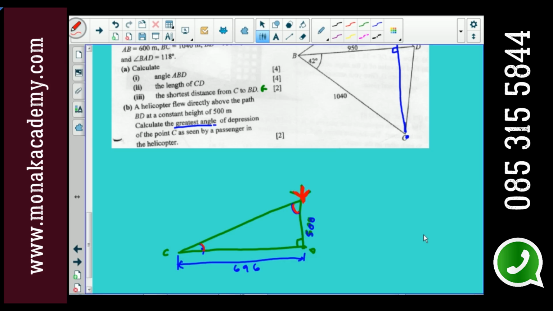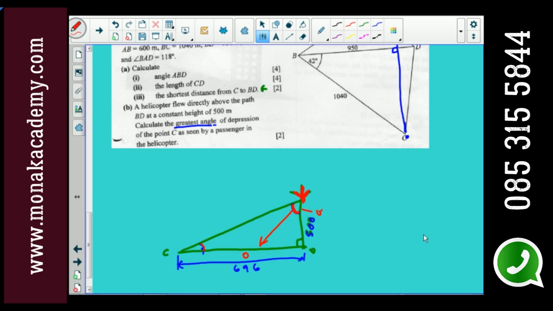The idea is, are we able to just construct the triangle? Once we're able to picture it, I'm sure you can now see that it becomes so simple and straightforward, because now we know we have a right angle triangle. If this is the angle we want, this will be your opposite, and this will be your adjacent.